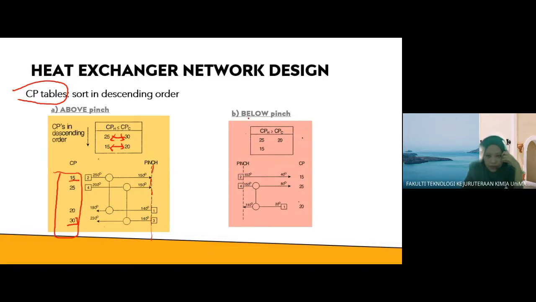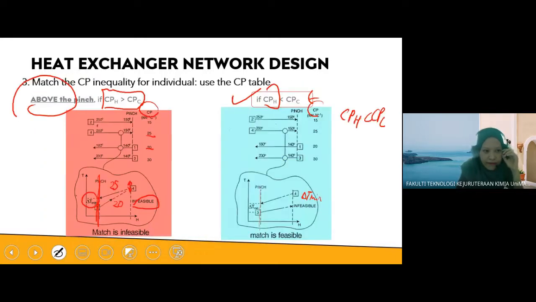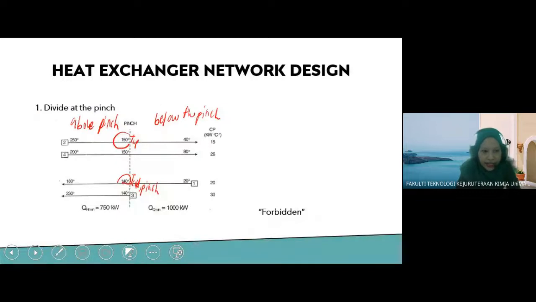Similarly for below the pinch here, your CPH value must be greater than or equal to CPC. So now this is the stream below the pinch. First you have this, and then you divide, separate into above the pinch and below the pinch.